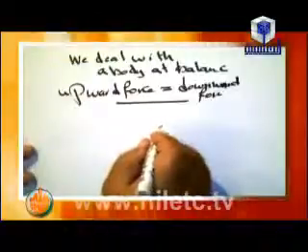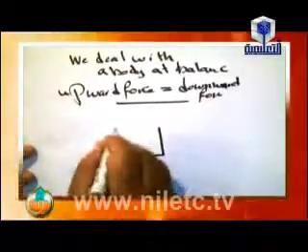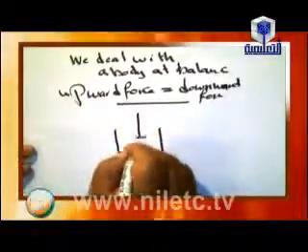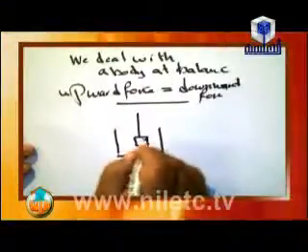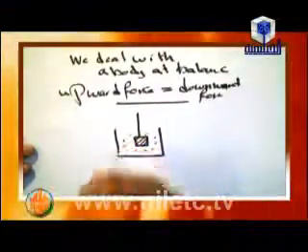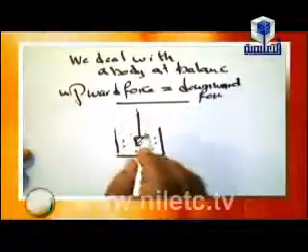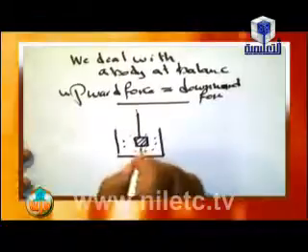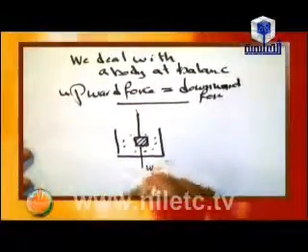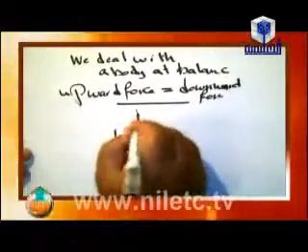Look at this figure. If we have a body wholly immersed in liquid, like this, we find that the forces acting on this body are the weight downward and FB upward.